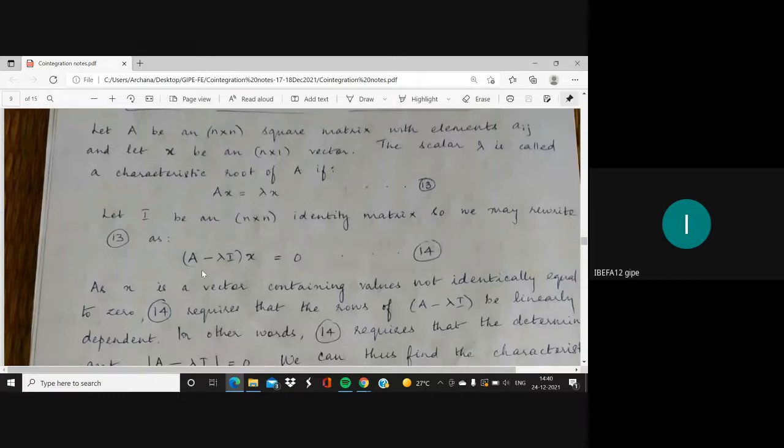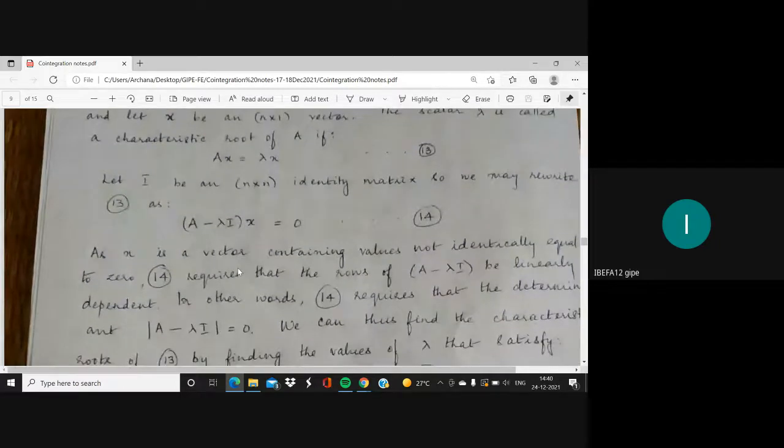Okay. So now, if you look at this particular equation, equation 14, okay, what we need is that the determinant of this matrix now, this will be another matrix, A minus lambda I, okay, will be another square matrix. So the determinant of this matrix has to be equal to 0.